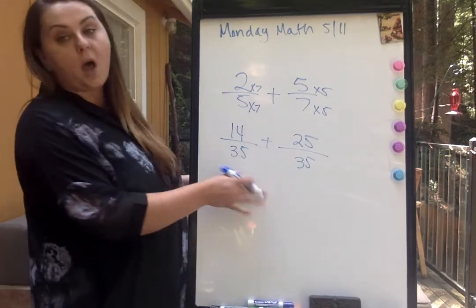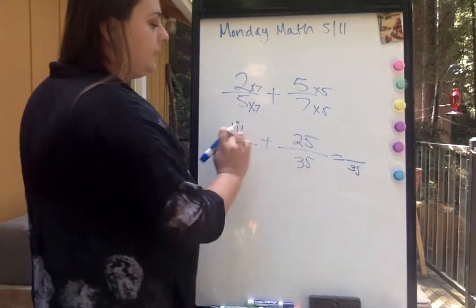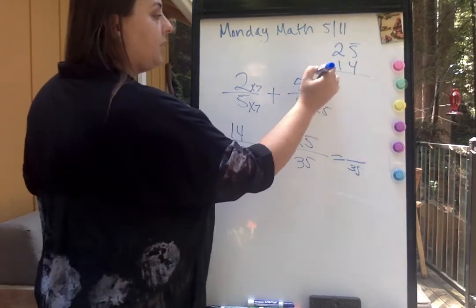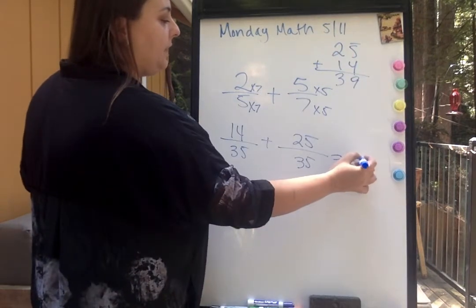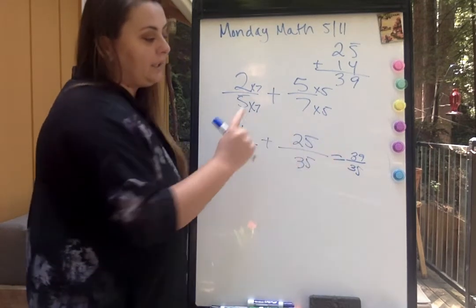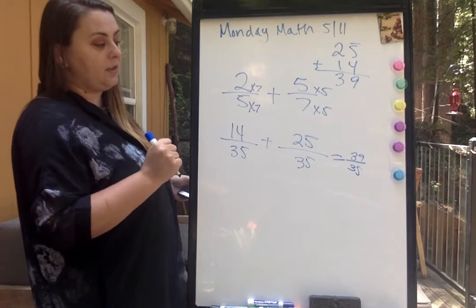Now we've got these common denominators. Now all we have to do is add across the top. Don't do it in your head. Write it out. In your head is when mistakes get made. So we've got 39/35. Now, 39 is larger than the denominator. The numerator is larger than the denominator.